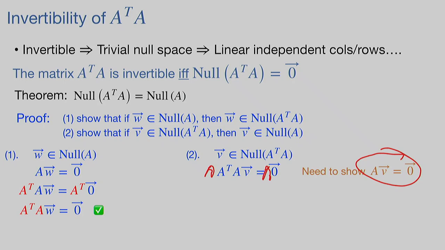Let me ask you this. When is AV equal 0? When V is in the null space of A, right? But AV is a vector, right? What if I look at the length of that vector?